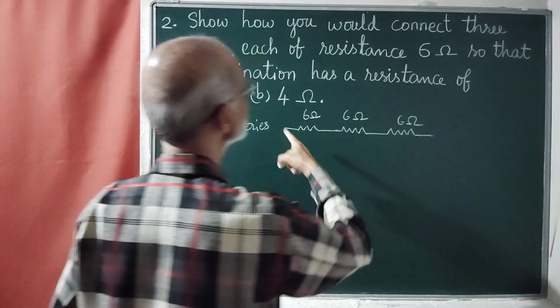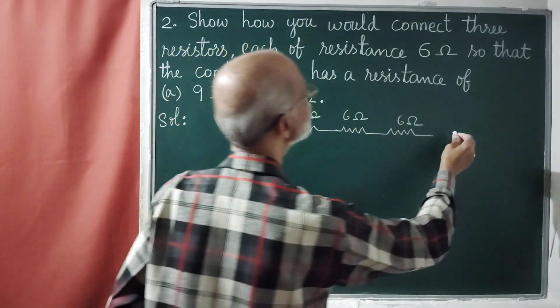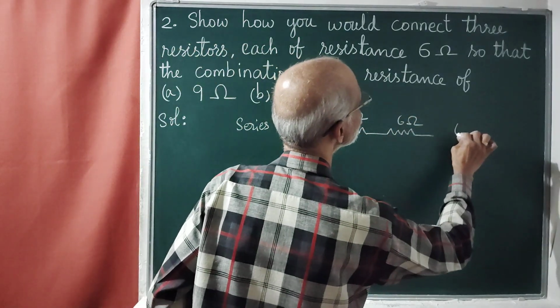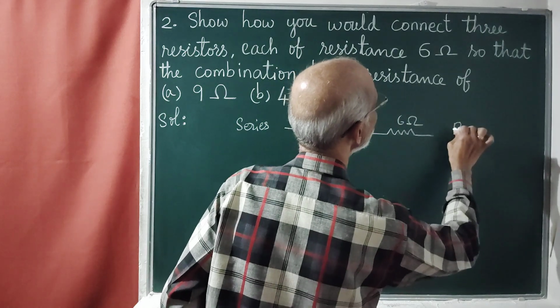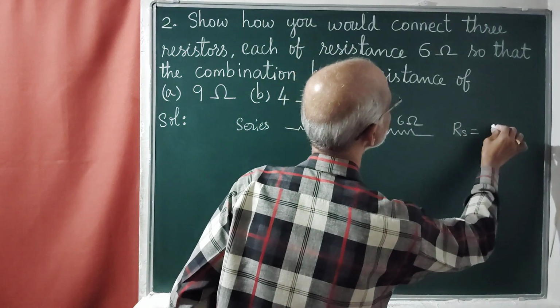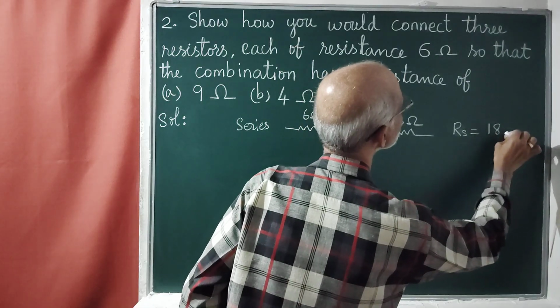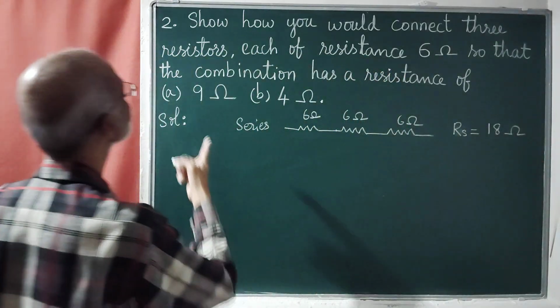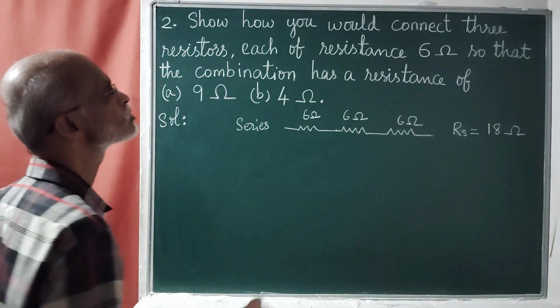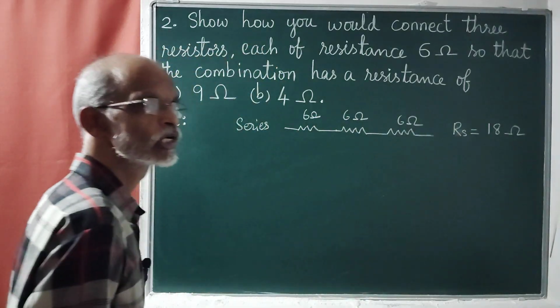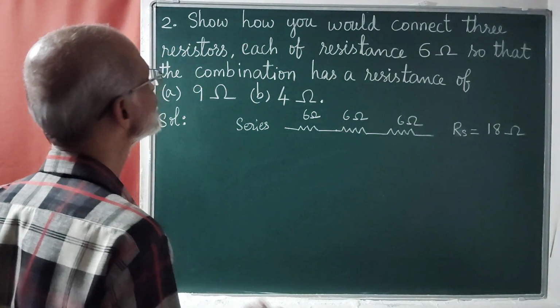Then the total resistance Rs will be equal to 6 plus 6 plus 6, 18 ohms. So we want 9 and 4. So this connection is not going to help us.